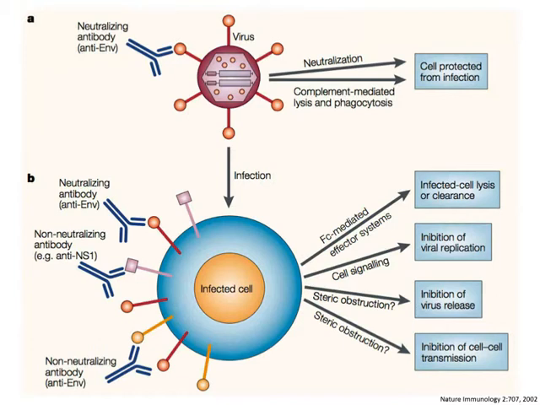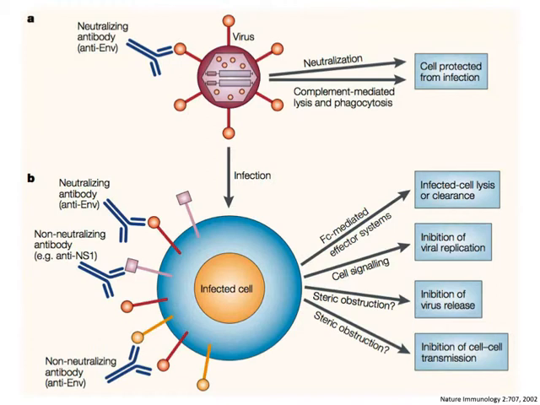Now, if our antibodies don't happen to protect infection, we get infected cells, but even there, antibodies can be protective as well. And these are some of the mechanisms here. Neutralizing antibodies can cause the cells to be lysed by immune cells. You can even have non-neutralizing antibodies directed against different epitopes, which have inhibitory consequences.